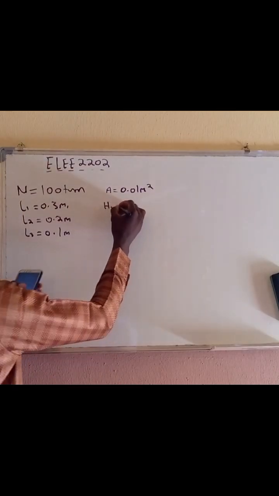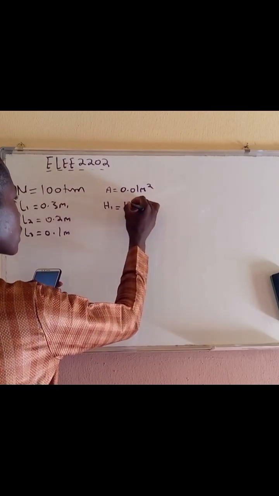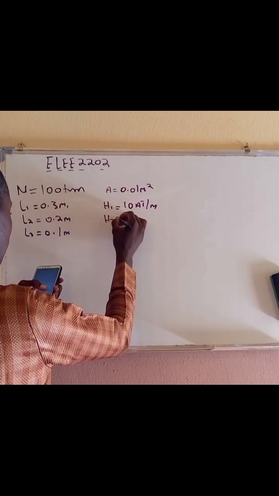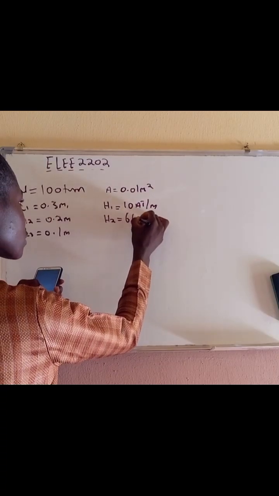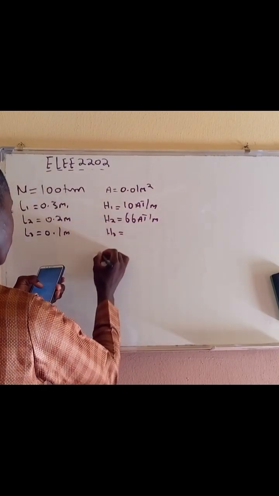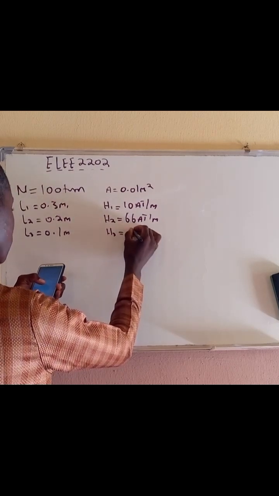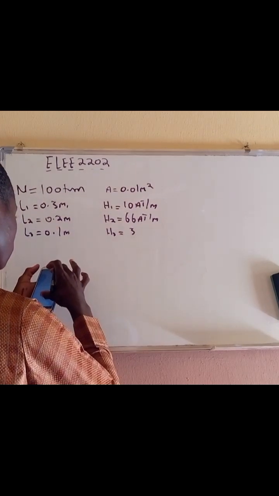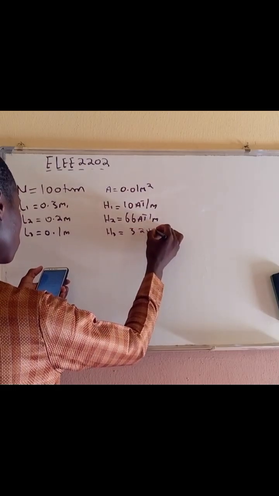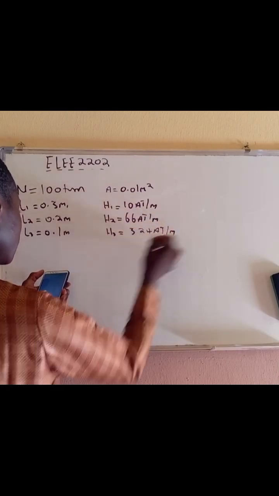And then if H1, the magnetic field, is 10 ampere-turns per meter, and the second magnetic field H2 is 66 per meter, and H3 is 324 per meter.